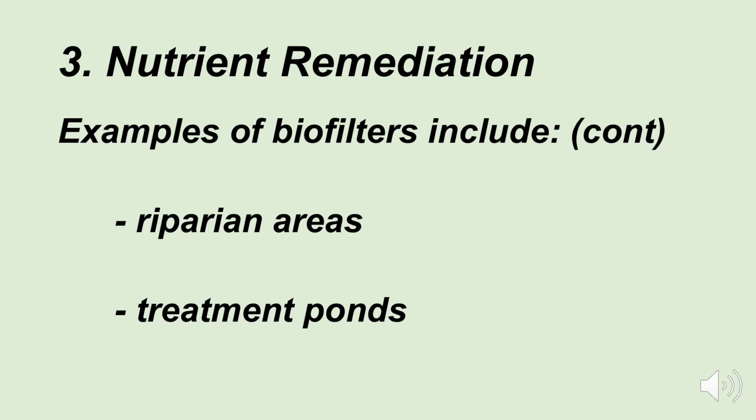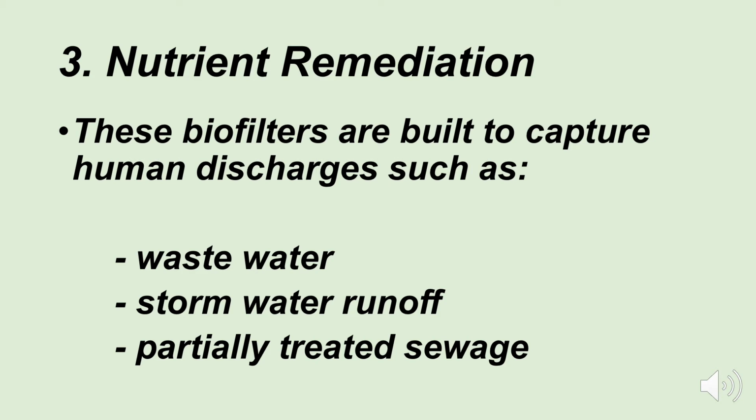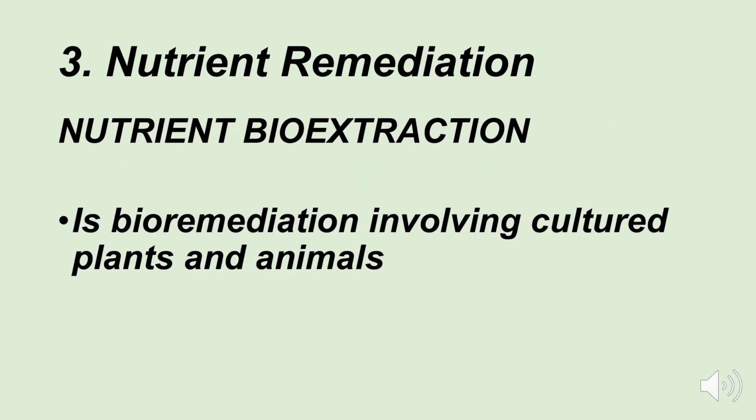These biofilters are built to capture human discharges such as wastewater, stormwater runoff, partially treated sewage, and we'll talk about that when we talk about wastewater management right at the end of the course. So we're really interested in nutrient bioextraction from water. It basically is bioremediation involving cultured plants and animals.